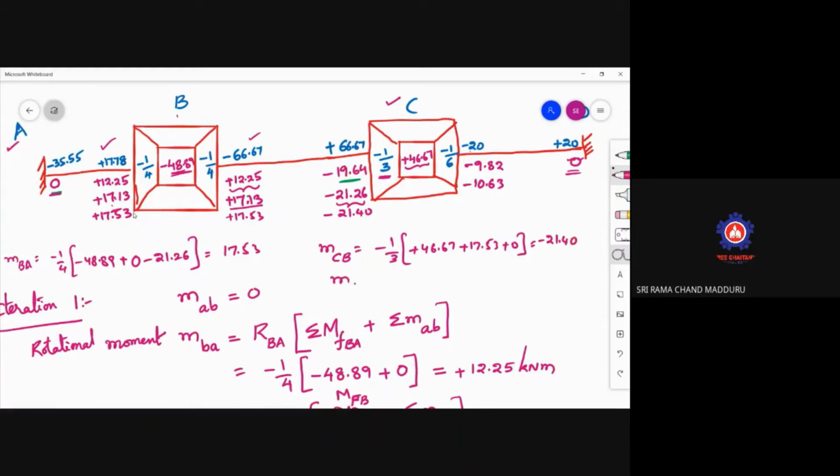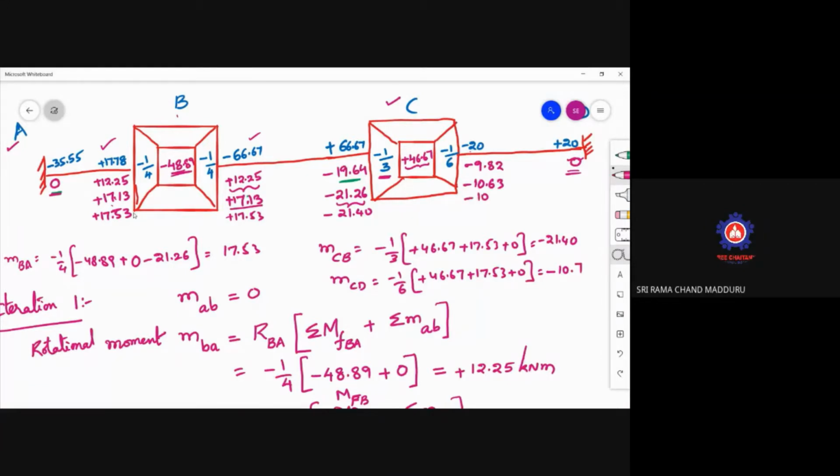And MCD is nothing but, with respect to the rotational factor, minus 1 by 6, minus 1 by 6 into plus 46.67 plus 17.53 plus 0. What is the value? Minus 10.7.